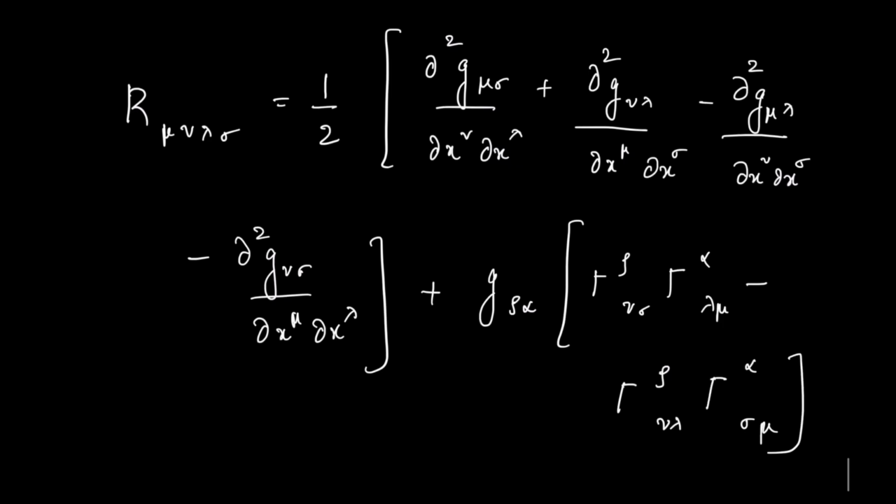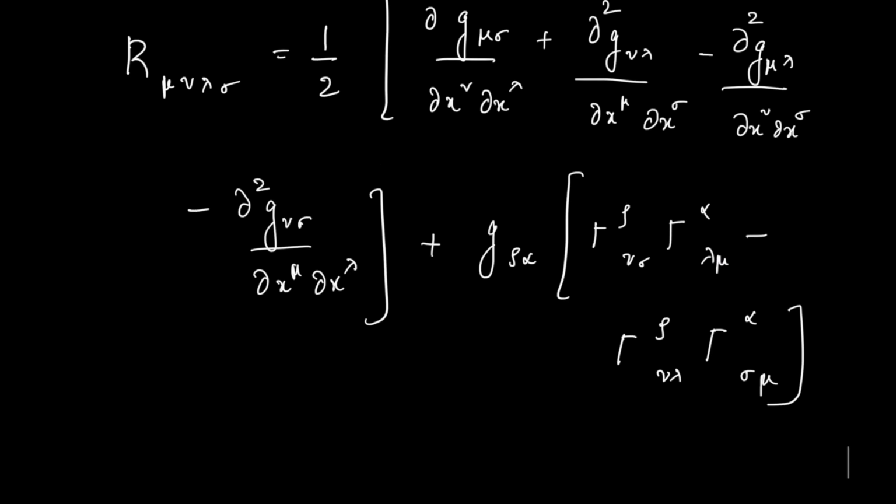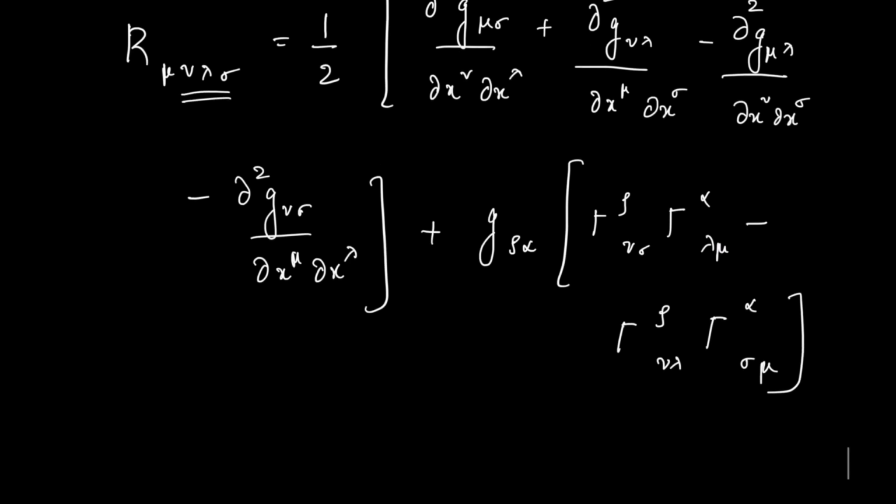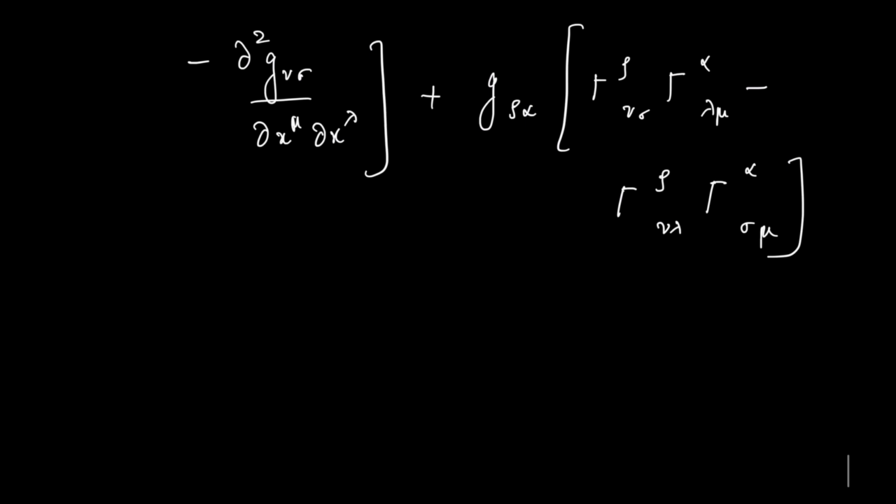So this is by definition R mu nu lambda sigma. Now I am going to cyclically permute the last three indices. So here the last three indices are nu lambda sigma.